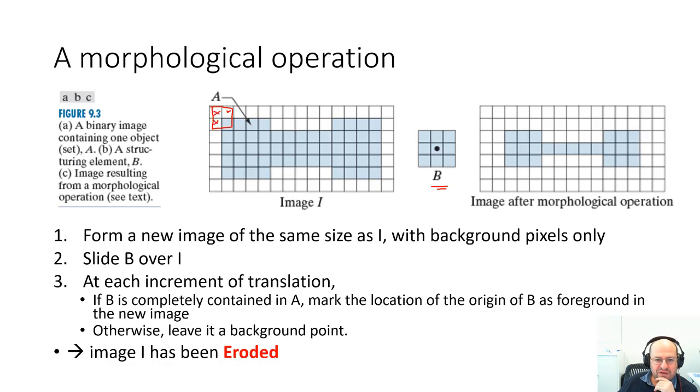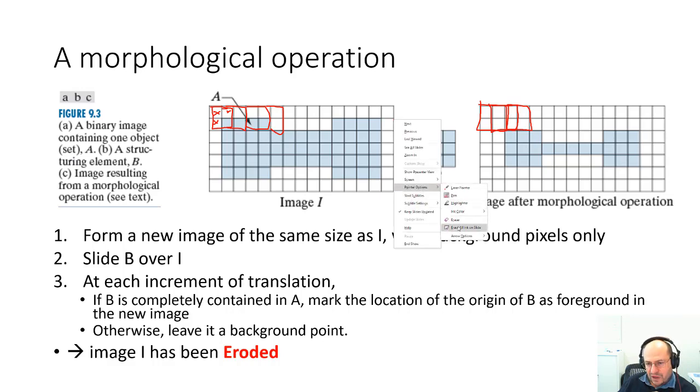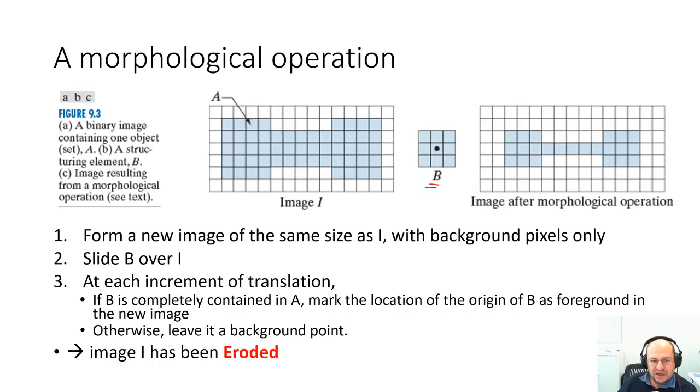It will be the same for every step here. So what do we do with these pixels in the image that I'm constructing? Just leave them blank, without filling in anything.